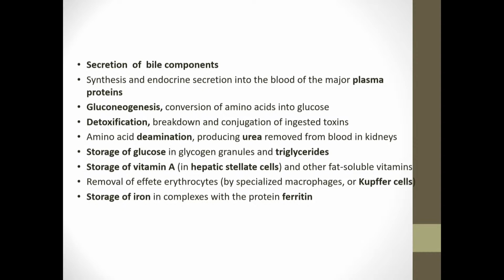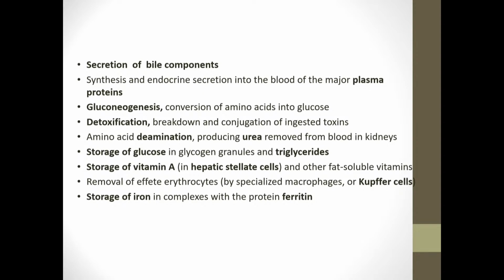Amino acid deamination, producing urea removed from blood in kidneys, then storage of glucose in glycogen granules and triglycerides, storage of vitamin A. But this is about the cells, I'll talk more later.